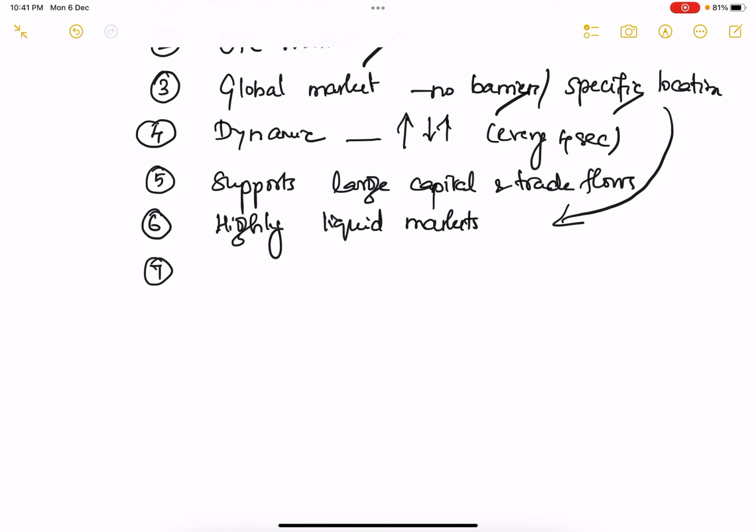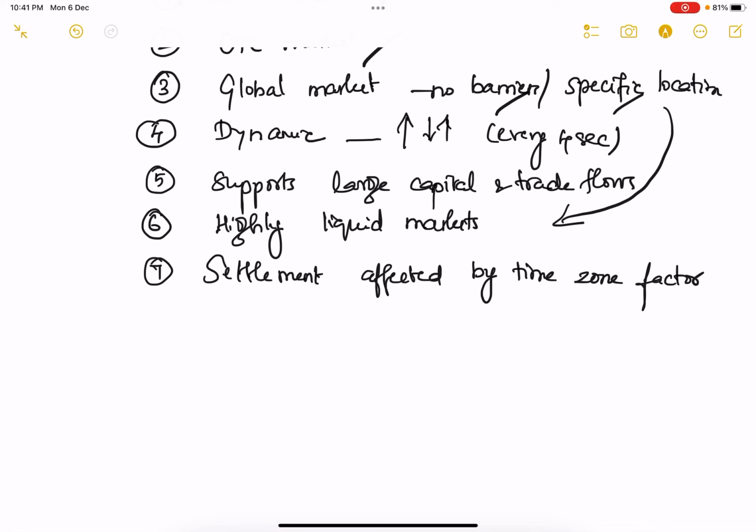This might be a disadvantage, that is the settlement is affected by time zone factor. For example, a Singapore bank operates along with an Indian bank, so the settlement might be affected because of the variation in time zones in India and in Singapore.